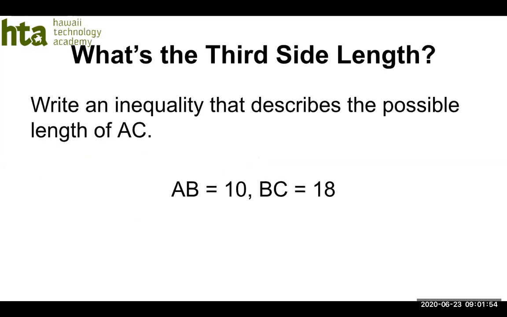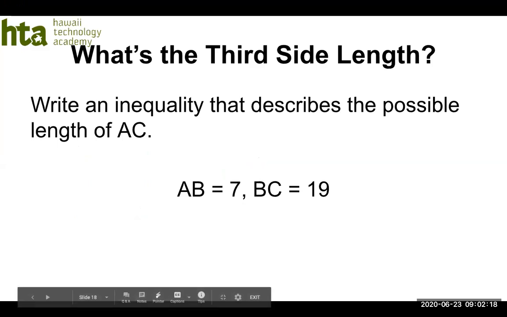Okay, this is the last thing that will be on the test, the last thing we're going to cover before the test. Writing a compound inequality that describes the possible length of AC. So, three parts to this. Whatever it is asking you to find, whatever the name of the length is. In your homework, it was called X, but in this, it's called AB.